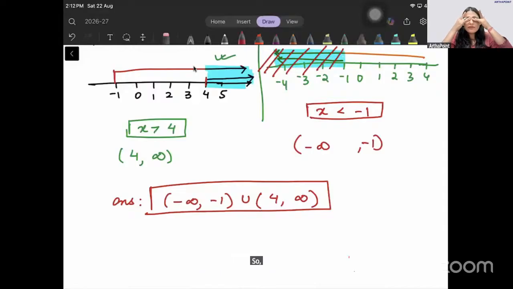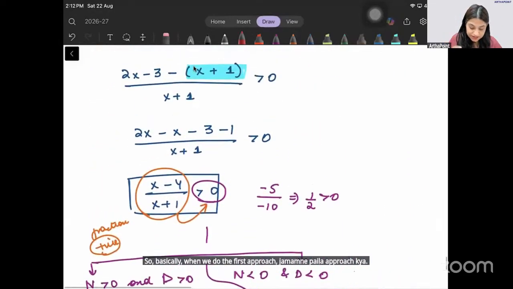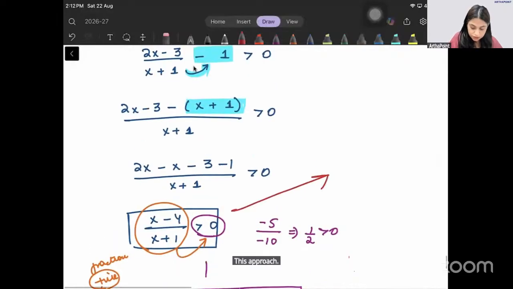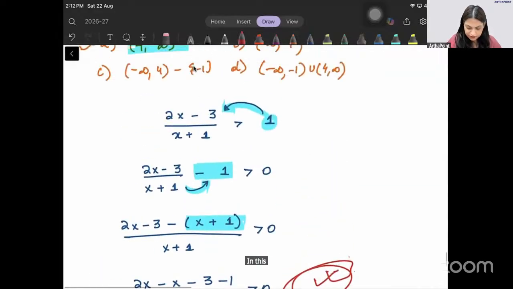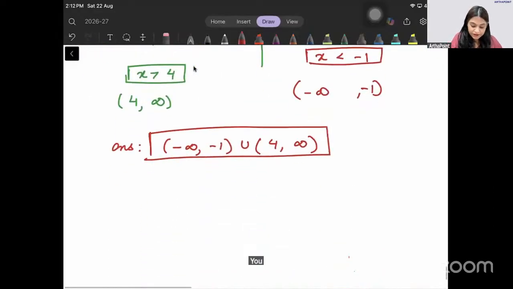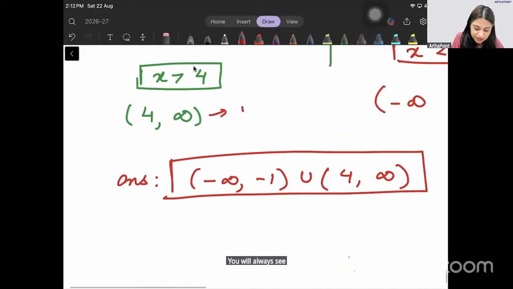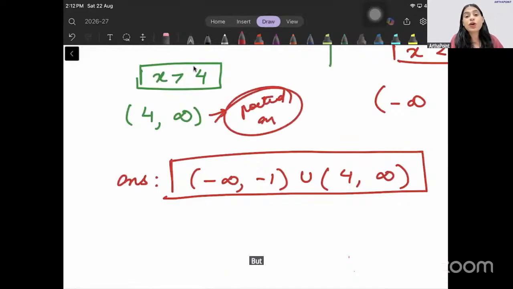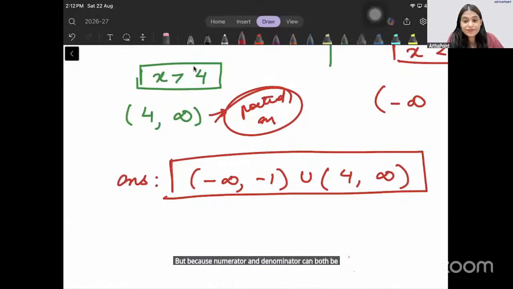So basically, when we did the first approach, this approach, in this approach, whatever we did first, you will always see a partial answer. But because numerator and denominator can both be negative, you have to consider that the answer can still be positive.